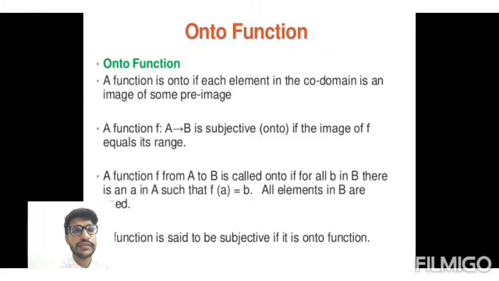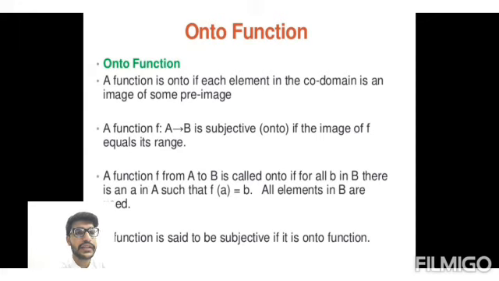An onto function is a function in which each element of the codomain is the image of some pre-image. The function f from A to B is called onto if the image of f equals the range, that is, for all b in B there is an a in A such that f(a) is equal to b.